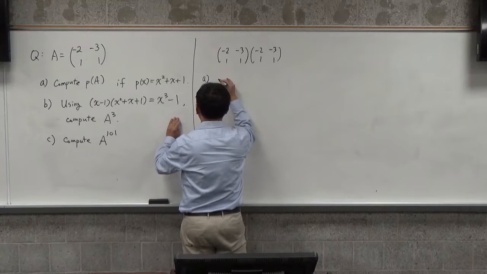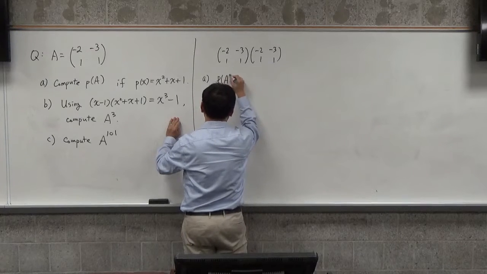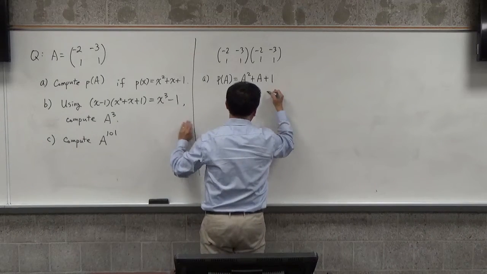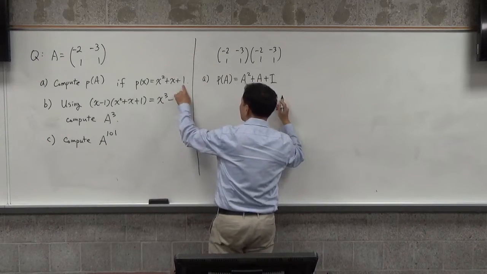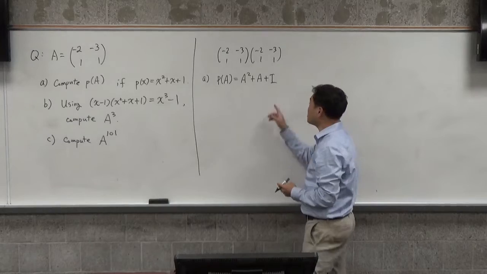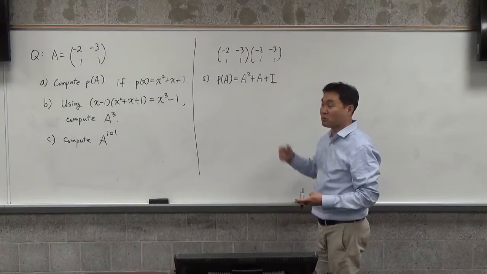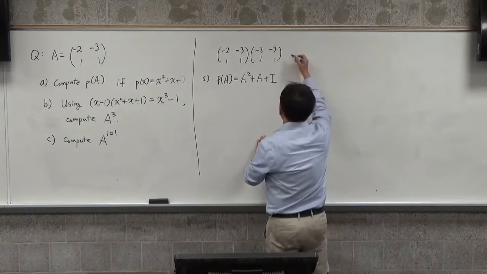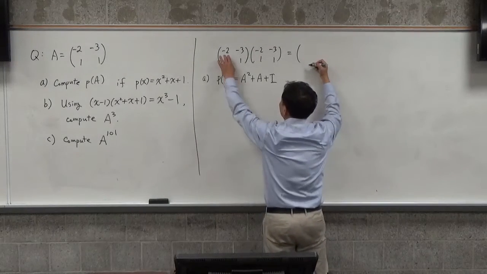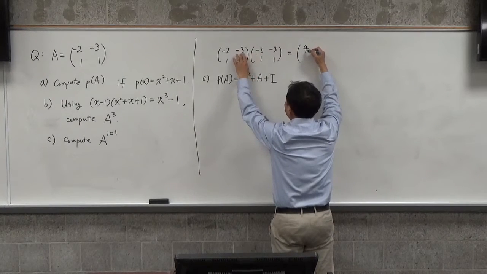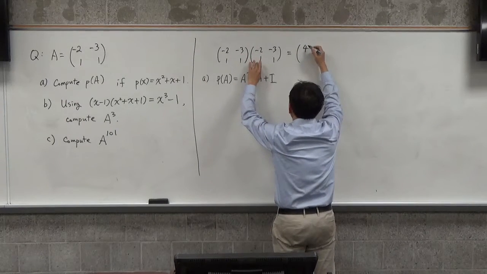Part A is asking us to do P of A, which is A squared plus A plus identity, because any constant has to be promoted to that constant times identity. That's how you make a matrix polynomial, right? So for this one, let's do -2 times -2 is +4. -3 times 1 is -3.